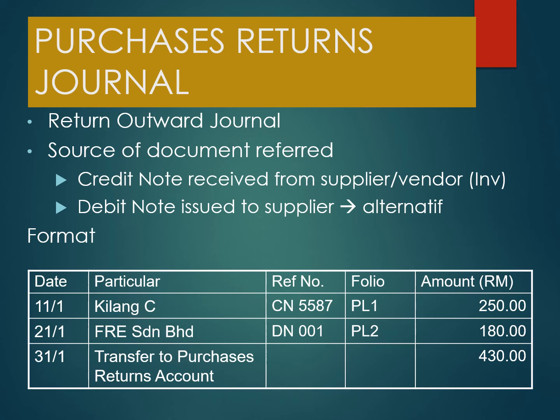At the end of the month, again, you will transfer the total amount of the purchases return journal to the purchases return account, that is 430 in this example.